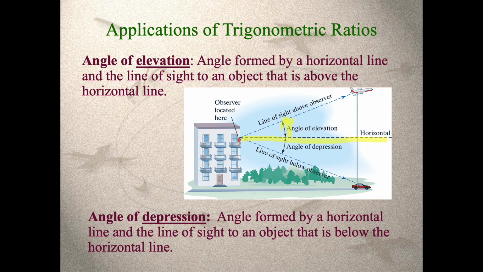But if you're looking down at something, like maybe you're looking at that car down there, then the angle created below that horizontal line is that angle of depression. So depending on where the line of sight is, you're going to look for either that angle of elevation or angle of depression.